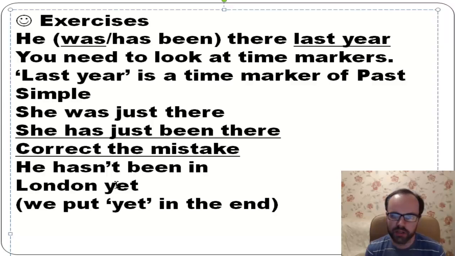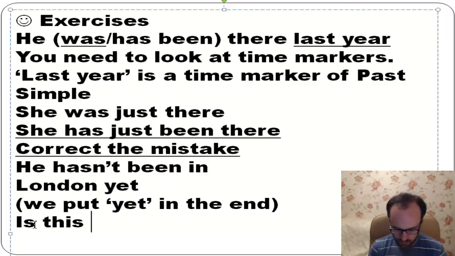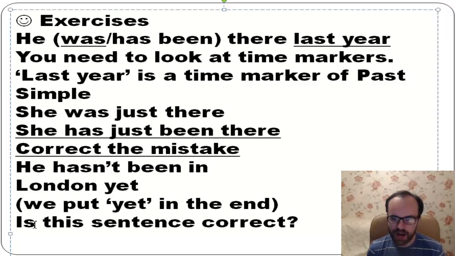Is it okay or not? It's okay that we have yet in the end. But is the sentence correct? I said blah blah blah because this part isn't correct. So it isn't correct. Why?